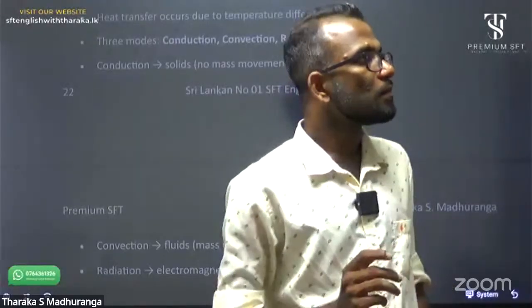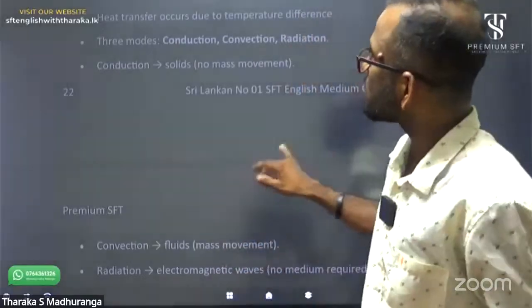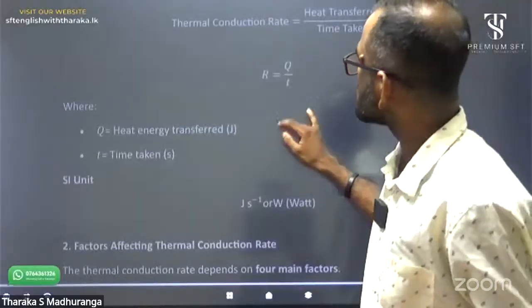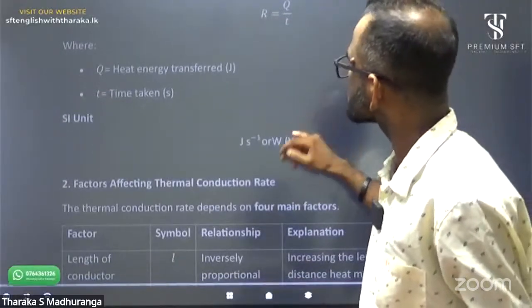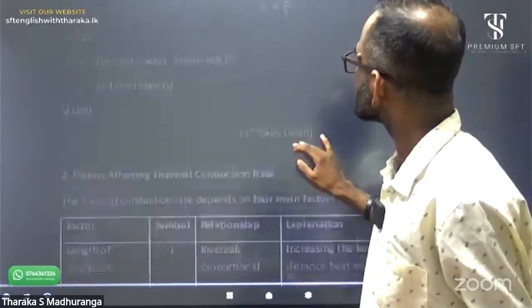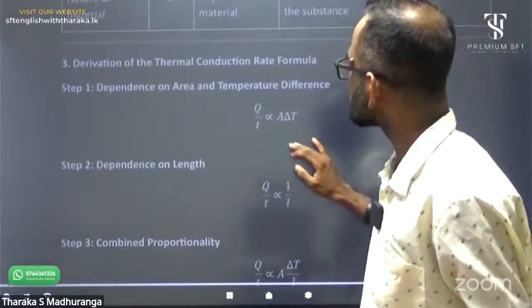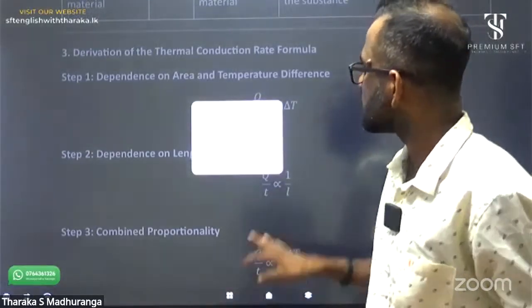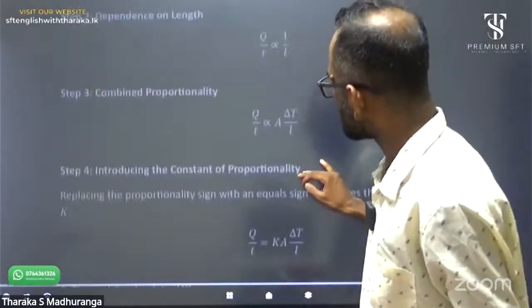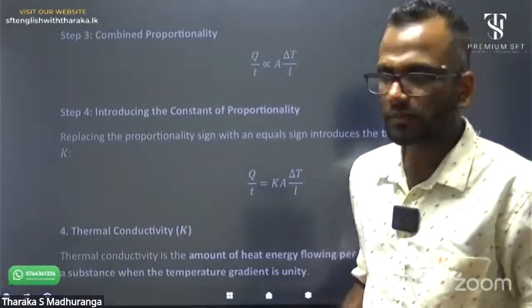Then let's complete the lesson. We have another calculation part, this equation, the thermal conduction rate: Q over t equals k A delta theta over length.